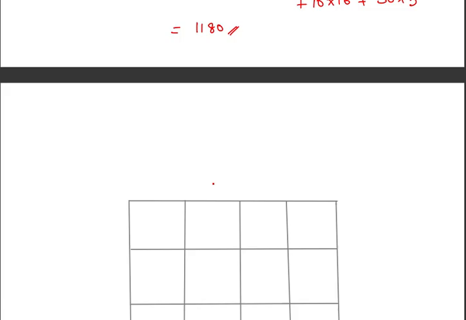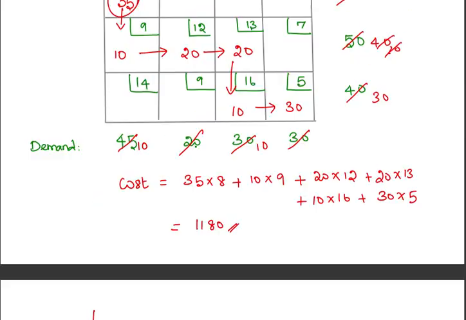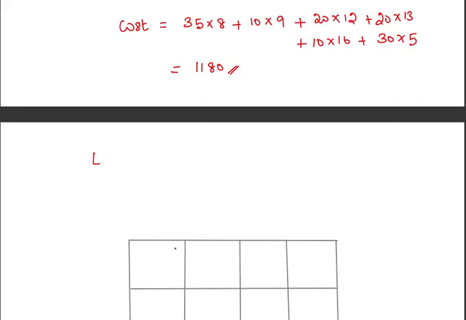Second, we are going for the least cost method. Least cost method means again I want to fill in the costs, everything, in the table.